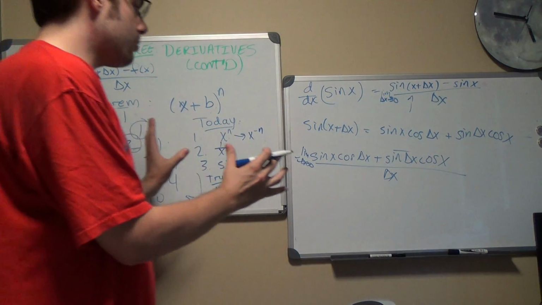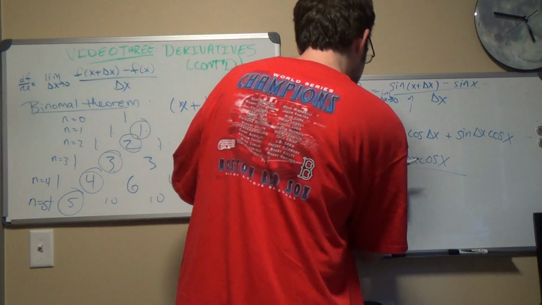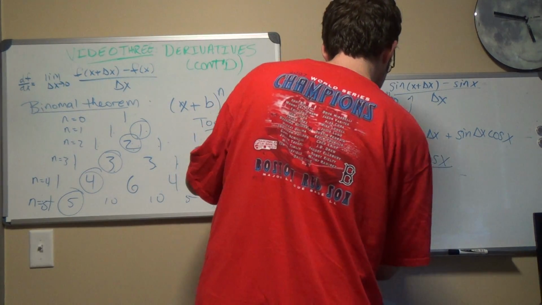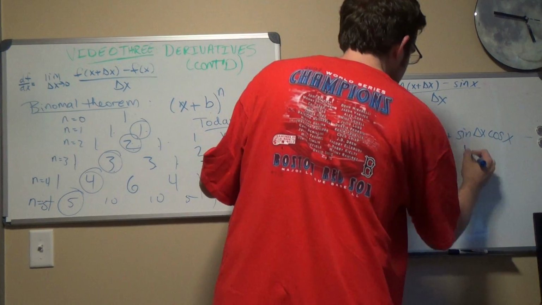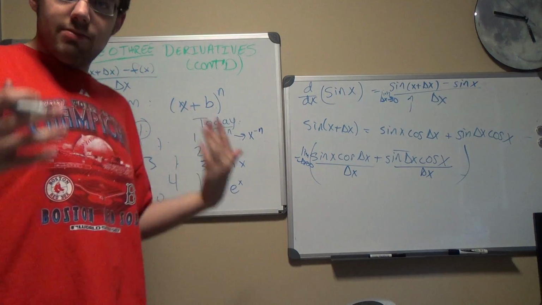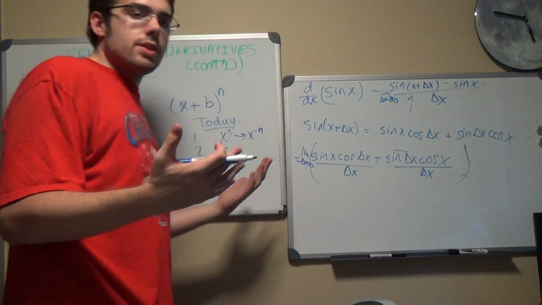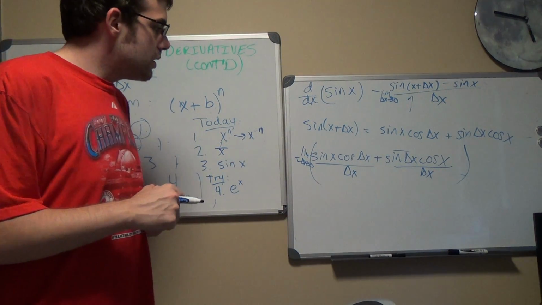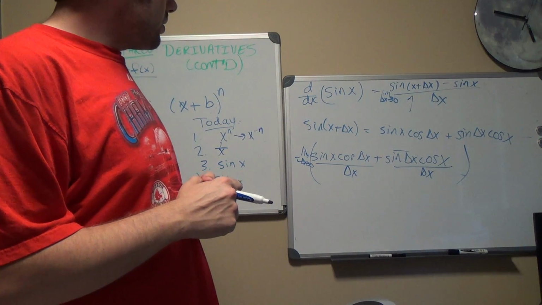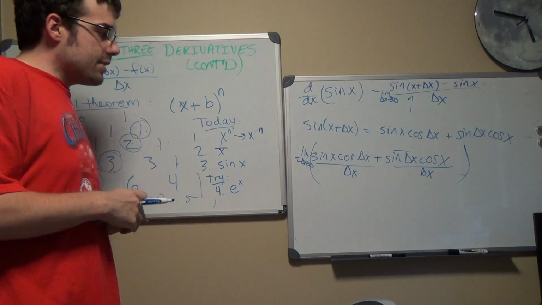Now let's separate these terms. So instead of rewriting it, let's just do this twice, divided by delta x, and let's just not rewrite the limit term. So here we can see, okay, the cosine of 0 is 1.